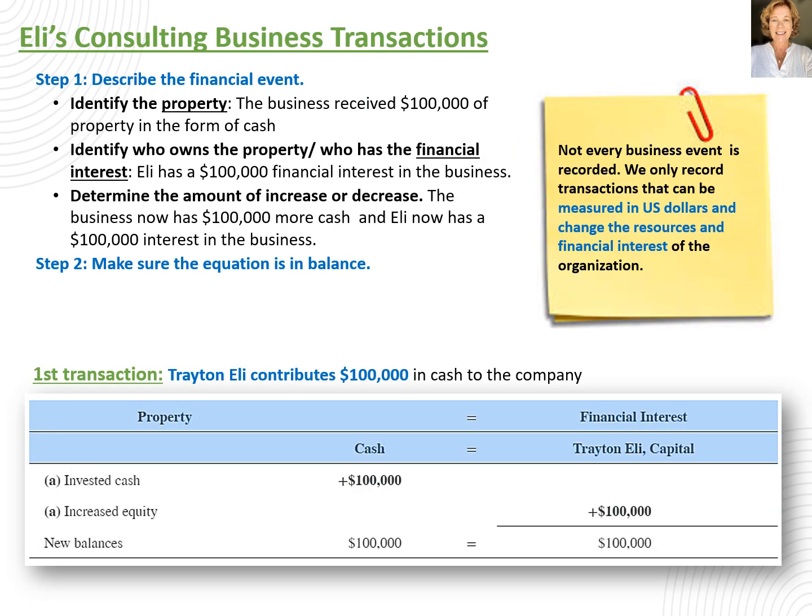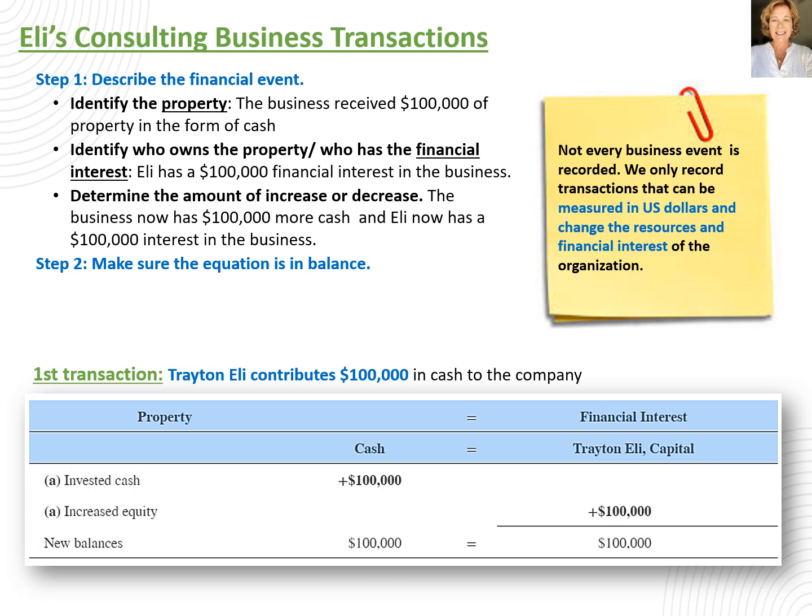We'll now look at the first business transaction for Eli's Consulting, but keep in mind that not every business event is recorded. We only record transactions that can be measured in US dollars and change the resources and financial interest of the organization. There are two major steps to analyzing business transactions.